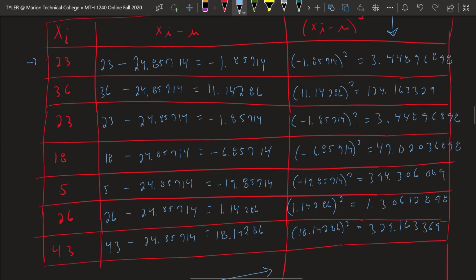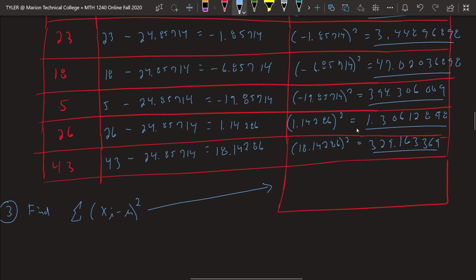So we're going to add this number plus this number plus this number plus this one plus that plus that plus that. Add all those up, find the sum, and what you should get is 902.8571429, right? So in other words, sigma x sub i minus mu quantity squared is equal to this 902 number.